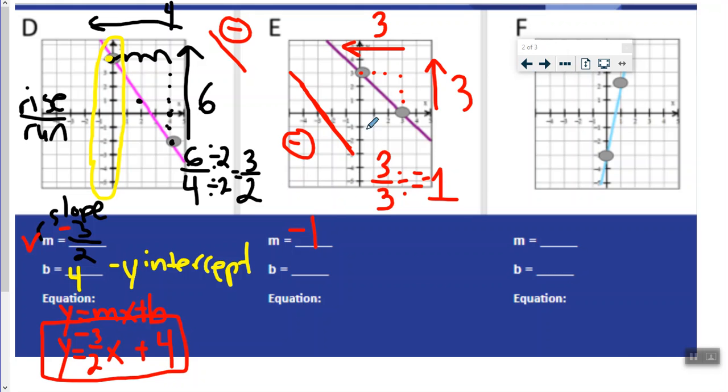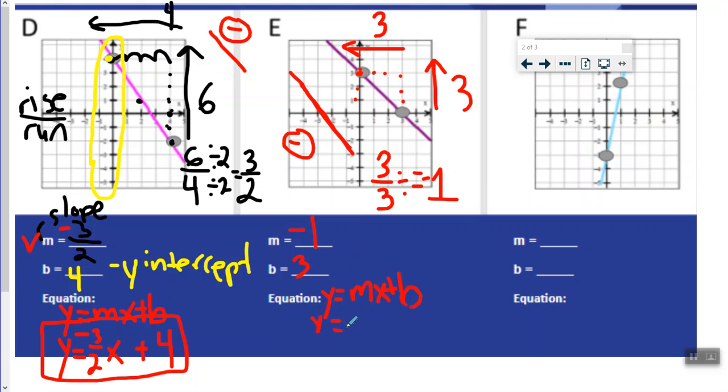And then y-intercept, let's see, where does it cross the y-axis? It's right here, right? 1, 2, 3. So my y-intercept is 3. Now let's write the equation. Remember, an equation for a line, you have to memorize it, is y equals mx plus b.